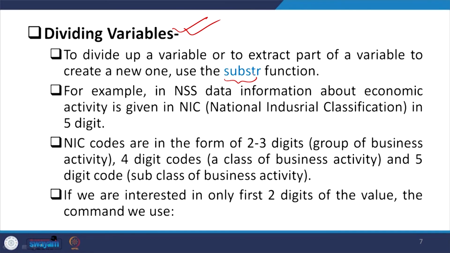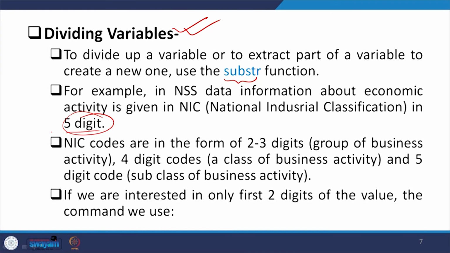The NIC classification of the enterprises we are considering for the NSS 7th round is given at the 5-digit level. But what do you mean by 5-digit level? There must be some meaning.